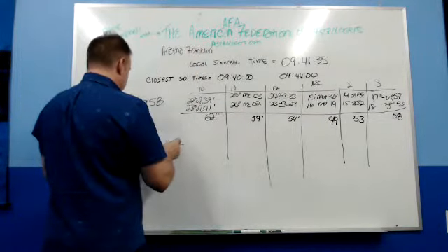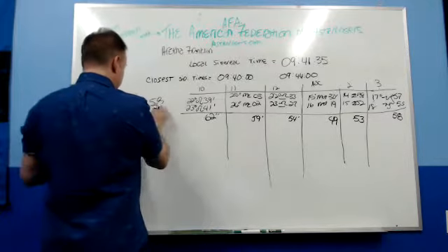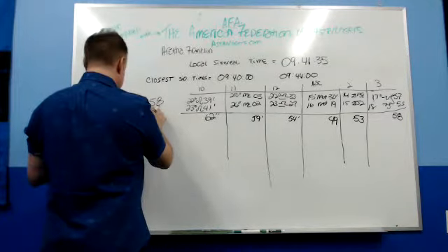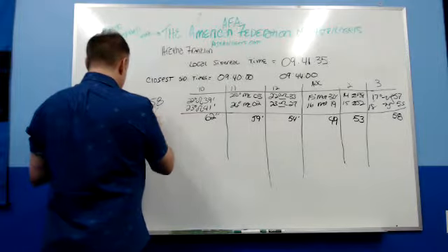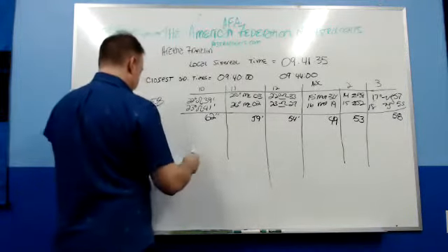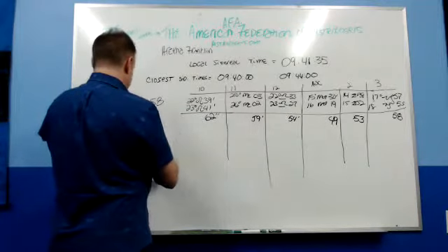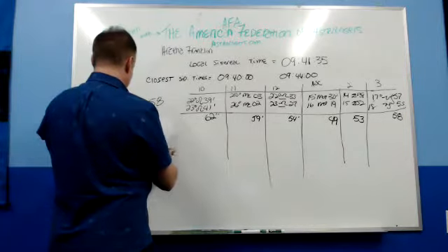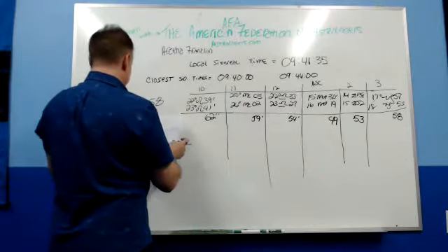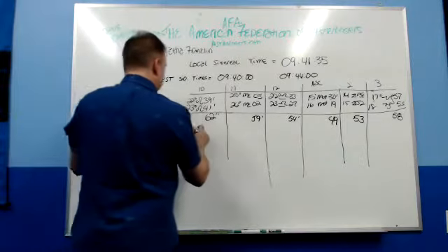So now we're going to multiply that distance by the STF factor. If we go 62 times 0.3958, we get 24.539.